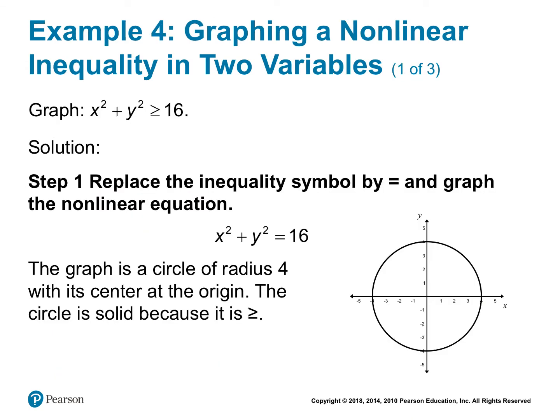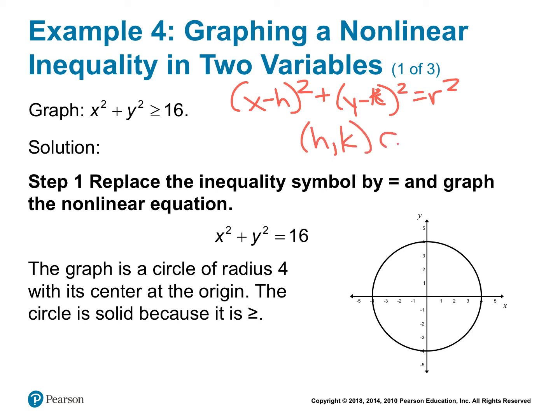Okay, now we're looking at a nonlinear inequality. So if you remember our circle formula, it was x minus h squared plus y minus k squared equals r squared. And h, k is the center.